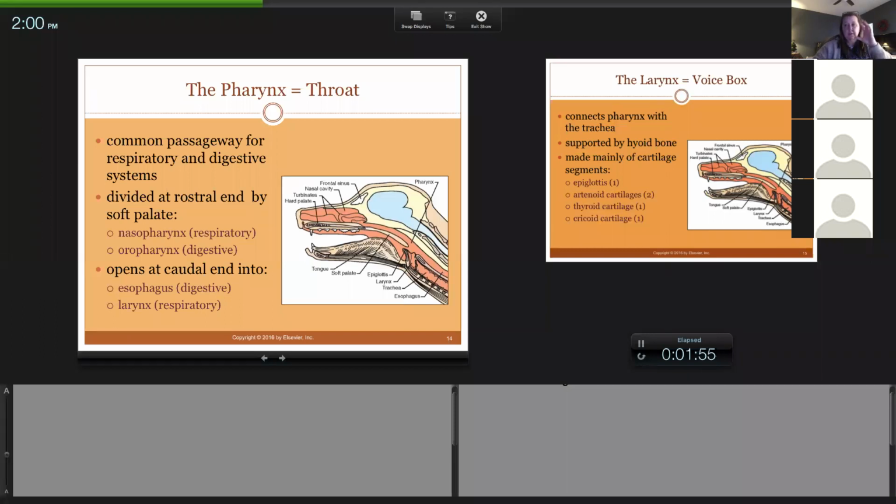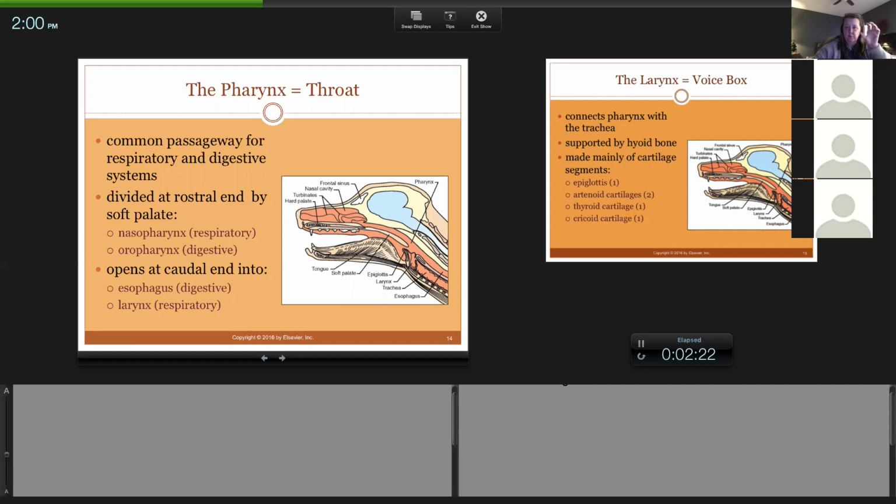But the way I remember pharynx from larynx, because students get that mixed up, is that the pharynx comes first. Pharynx first, and food passes through it. So I say pharynx, food first. It comes first before the larynx. The pharynx is before the larynx, and food passes through it.